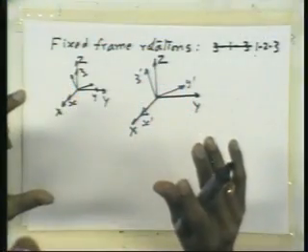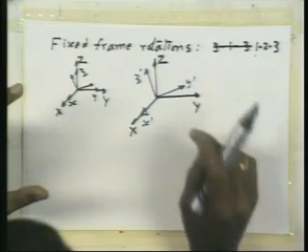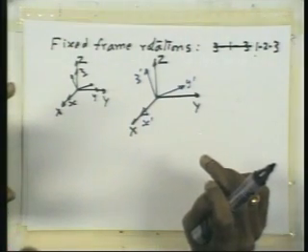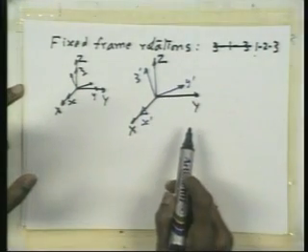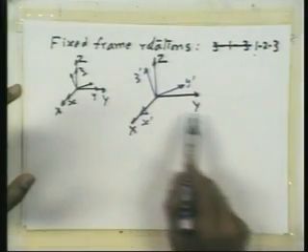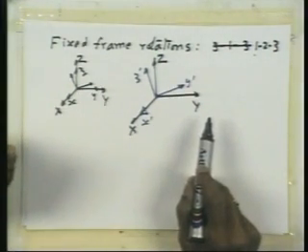That is, this x dash, y dash, z dash frame is fixed with respect to x, y, z, and we imagine rotating the frame x, y, z about the y axis. So what we are going to rotate is the frame x, y, z, which you see in black, about the y axis, and when we do this, the blue frame is fixed with respect to the black frame and it moves.